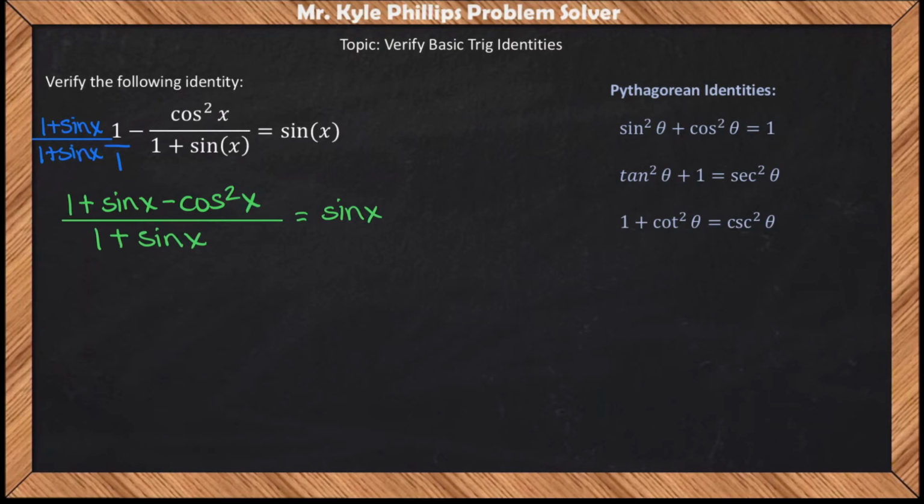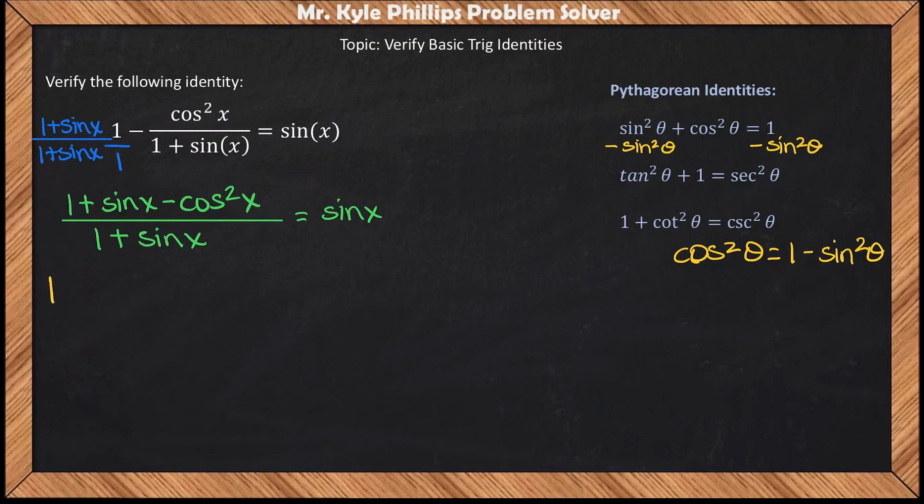So let's try this. Let's say we took this sine squared and moved it to the other side of the equal sign. Now what we have is cosine squared equals 1 minus sine squared. So what we're going to do is take this 1 minus sine squared and replace the cosine squared with that.